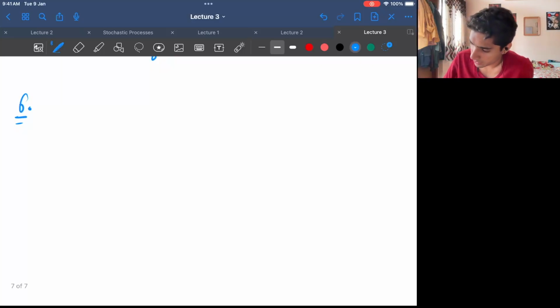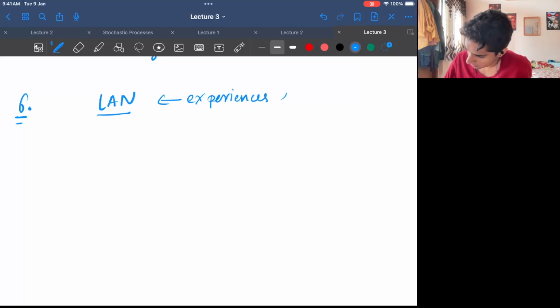Okay, so there is a LAN network, local area network. You must have heard of this word. And this LAN network experiences some error. So there is some shutdown that happens. Okay.